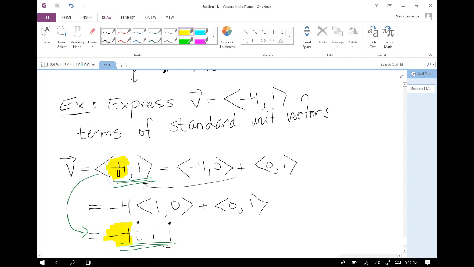So the -4 component is now just a -4 coefficient on i, and your 1 component is a 1 coefficient on j. If you think back to algebra, when we have a coefficient of 1, we usually don't write it. But we could write it if it makes more sense to us, if we're more comfortable that way. But we typically don't write coefficients of 1.